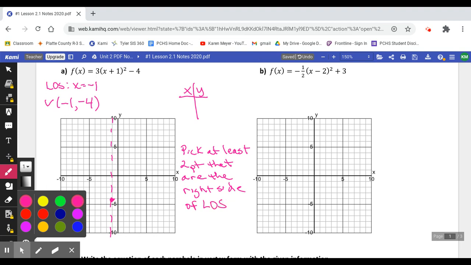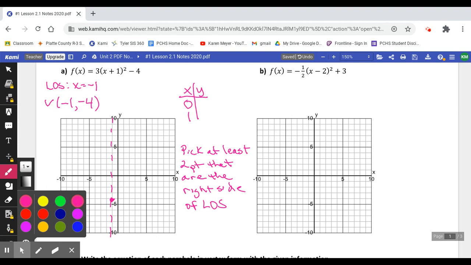So remember, my line of symmetry goes at negative 1. So what's to the right of negative 1? And that is 0. And then the next number to the right of 0 is 1. So now that we know our x numbers, we're just going to take those and plug them into the original problem.